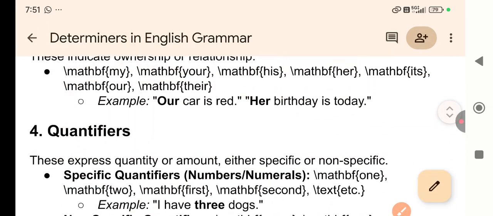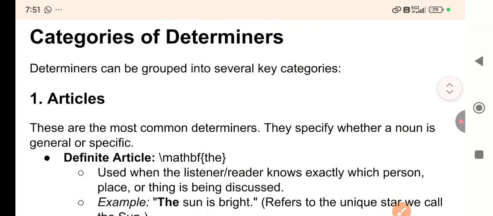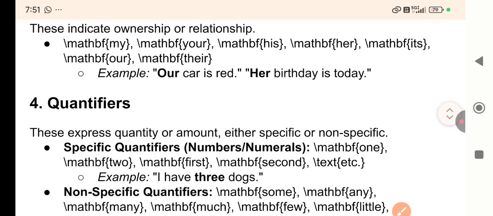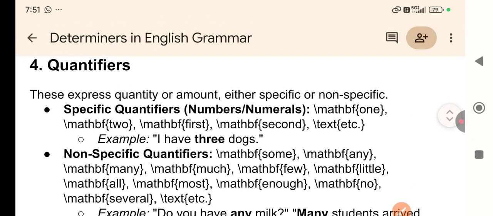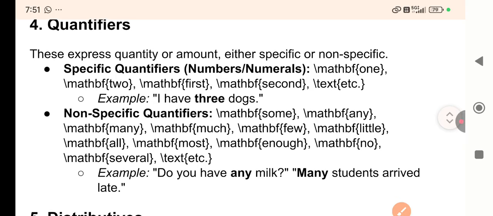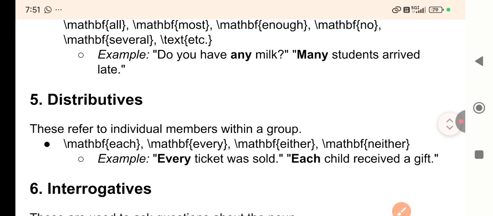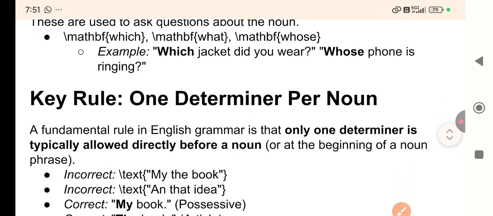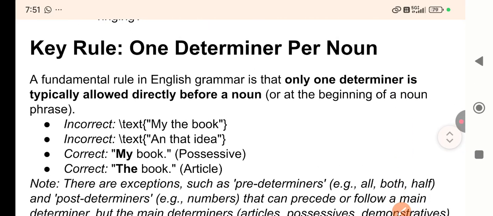Means out of all these six, what are they? Articles, demonstratives, possessives, quantifiers, not qualifiers, quantifiers, right? Which tells the quantity or amount. Then distributives, right? Which refer to individual members. Then interrogatives. Six determiners are there.